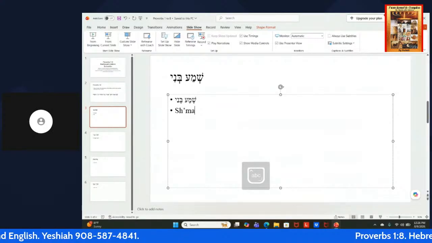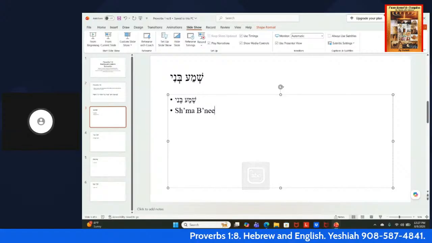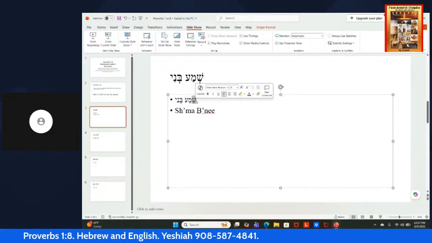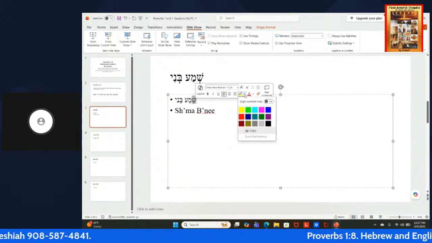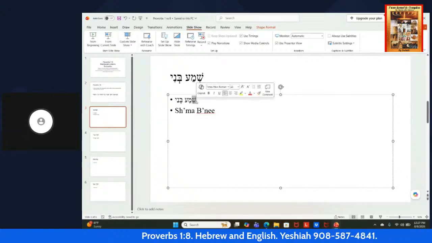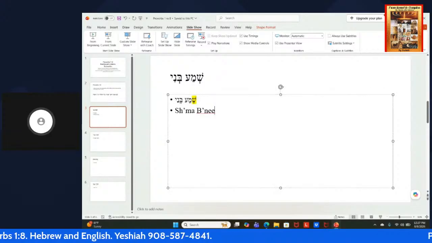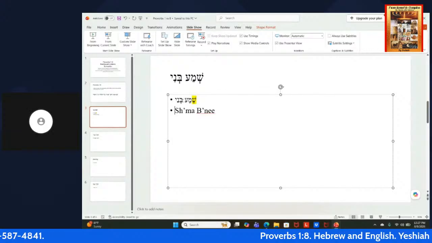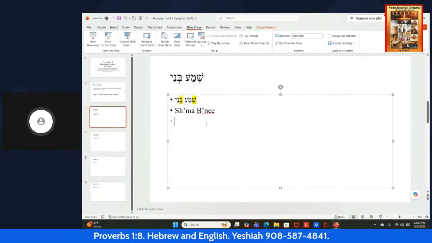Shema Beni. Now let's look. The vowel that you see, brothers and sisters, with the shin, if we were to say bold, not bold, if we drop color that in yellow, and if you were to drop color that bet, also with a shva, in the yellow, let's see what we see.